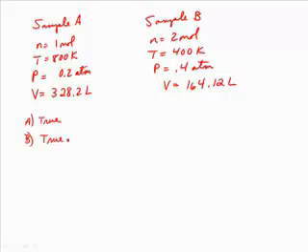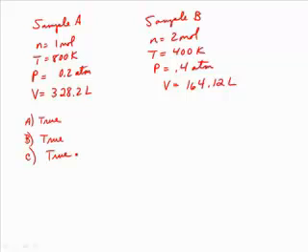Well, that would be true also because if the temperature of A is higher, then the average kinetic energy of the particles in A would be higher. So if we had some kinetic energy value, the fraction of molecules in A that exceeds that value is going to be greater than the ones in sample B. Okay, so C is also true.